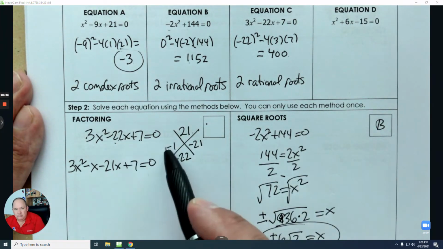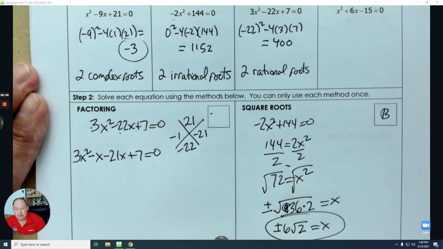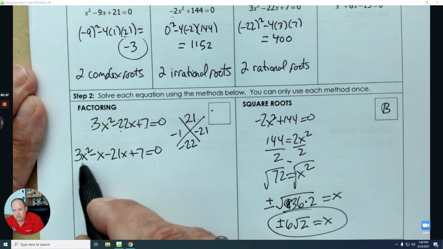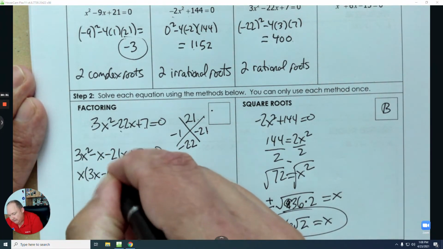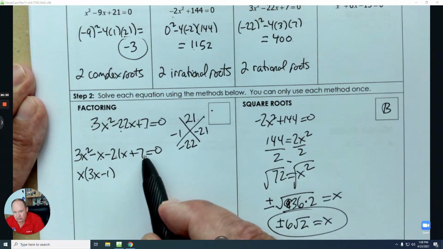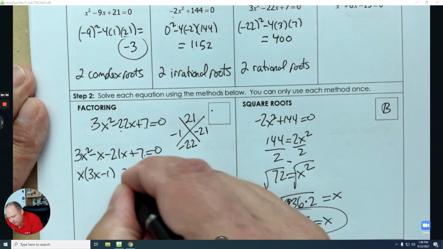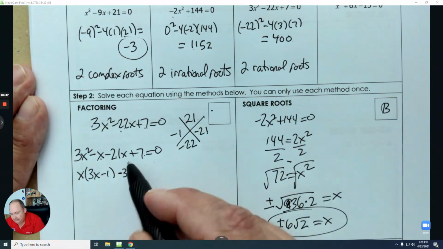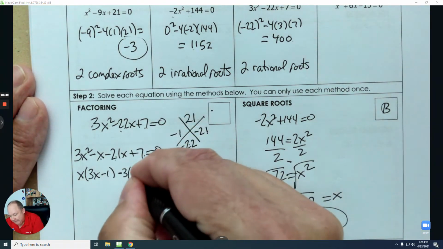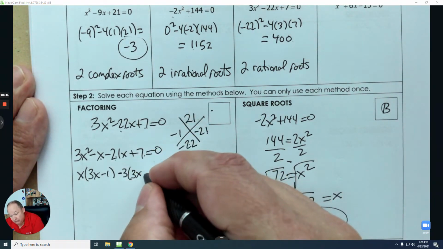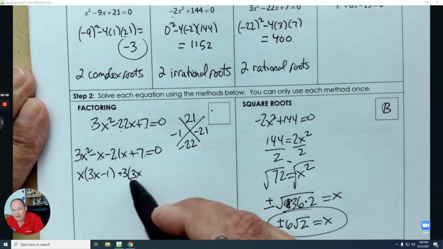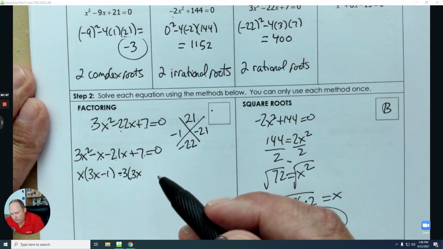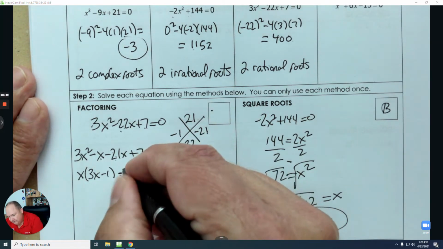So I do a substitution, and now I'm going to factor by grouping them together. I look at the first two terms. They have an x in common, so I factor out an x. I look at the next two terms, and I'm going to factor out a negative 3 that goes into both evenly. That way, what's left over can match. Oops, I didn't mean 3, I meant 7.